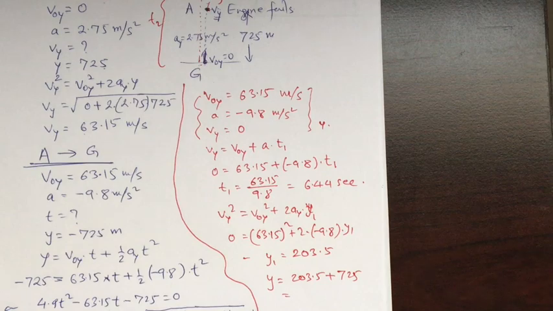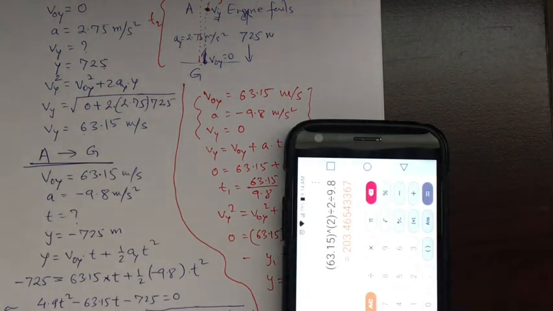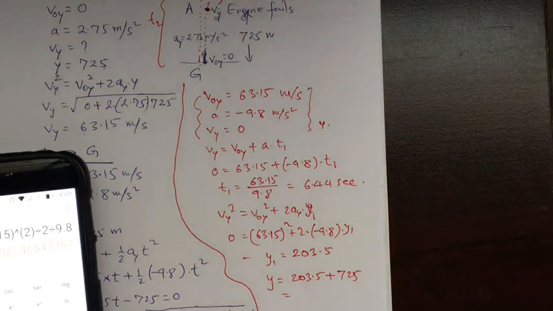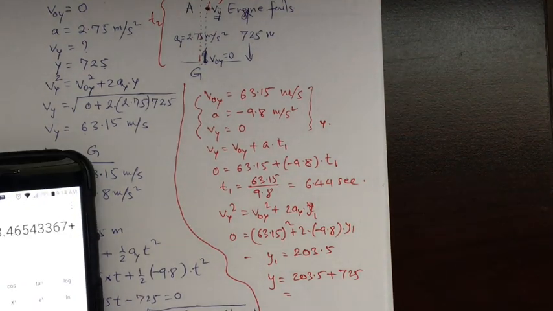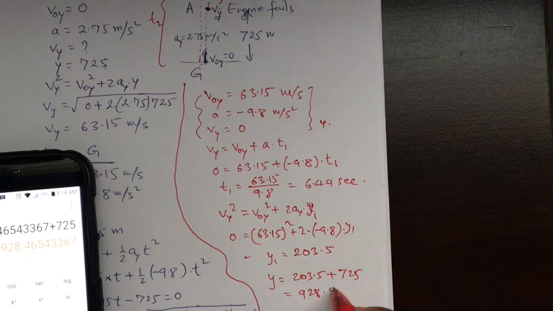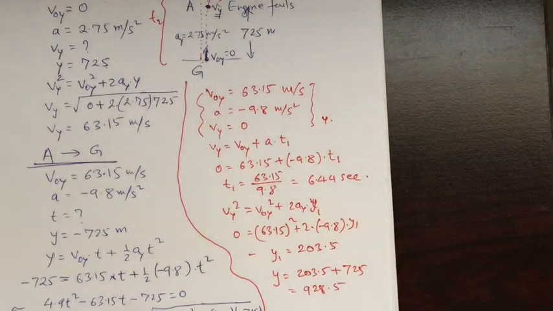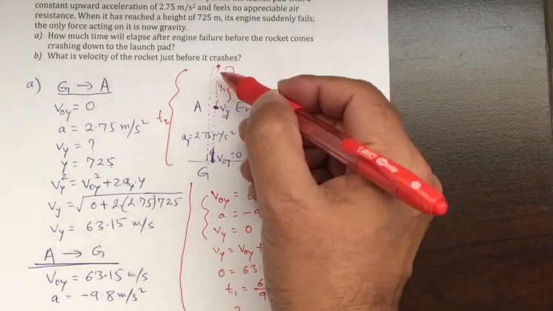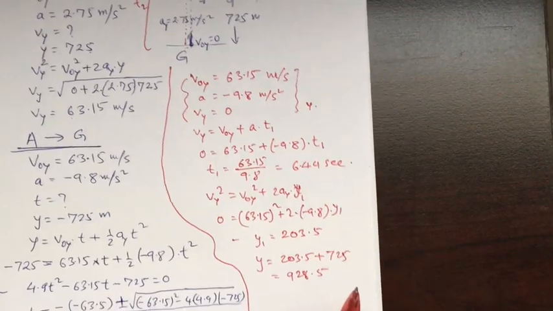You add 725, and this will give you 928.5. So now how high it goes is, from the ground it goes up to 928.5 meters.